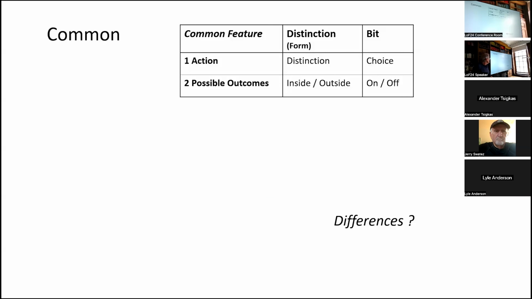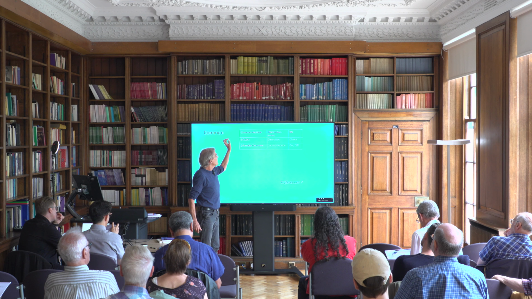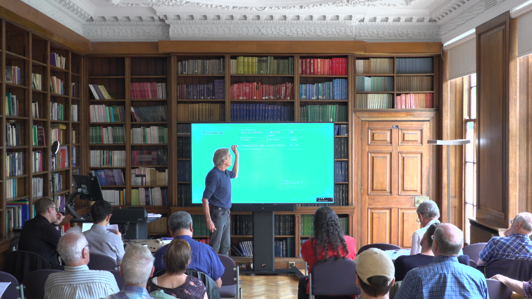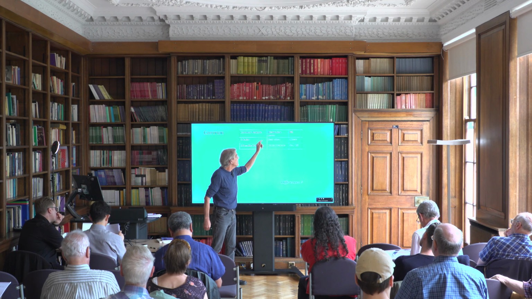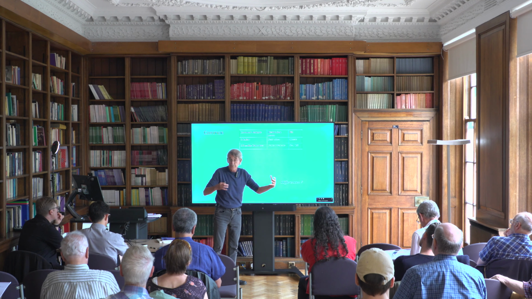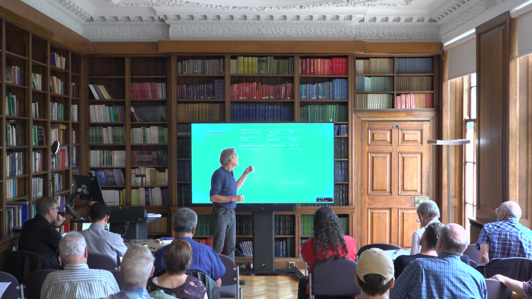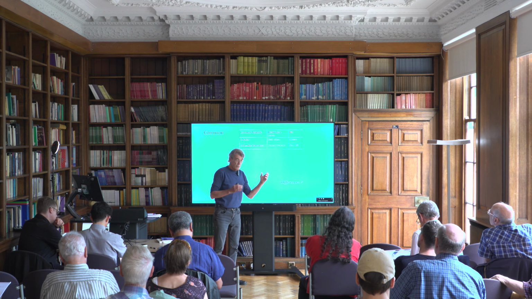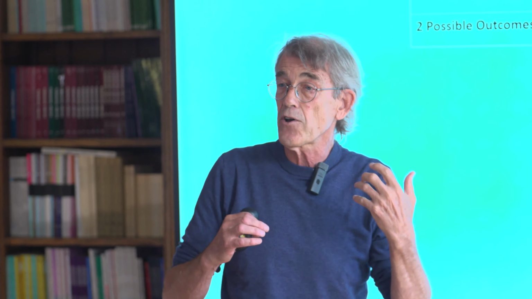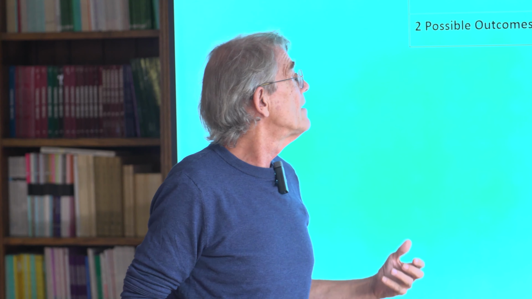Common is going from 1 to 2, because both the distinction and the bit are an action. To draw a distinction is a move. And if you choose one side of the bit, it is also a choice.